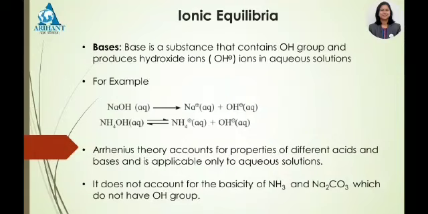In the second example, NH4OH gives you NH4 plus ions plus OH minus ions. Now, according to the Arrhenius theory, a base means you should have OH minus ions. So, in both the examples, you can see OH minus ions in the products.